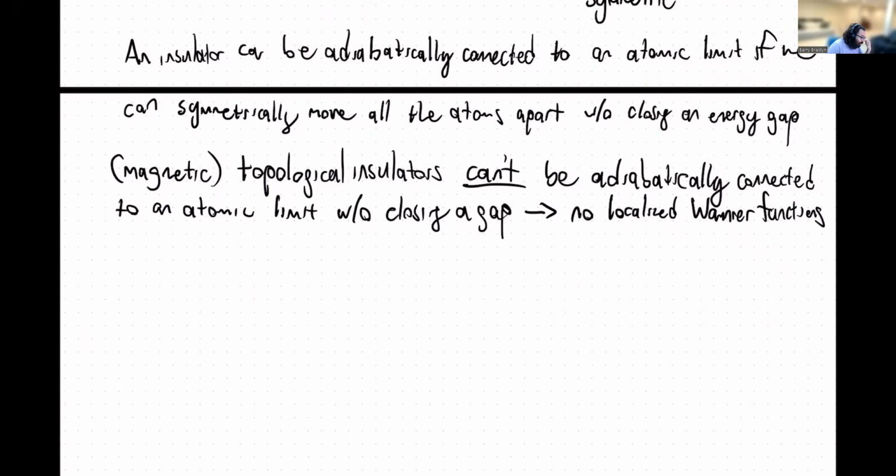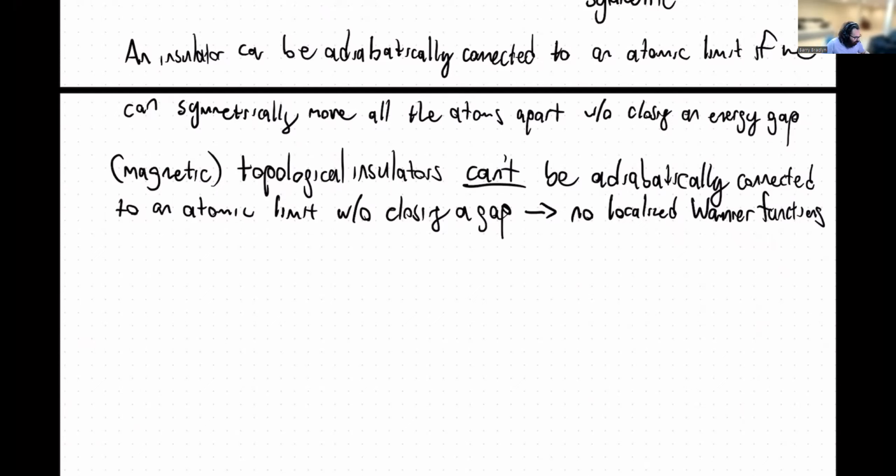And this will give us a set of criteria that we can use to classify and characterize topological insulators in the magnetic space groups, as well as give some computational tools to identify topological insulators in real material calculations.